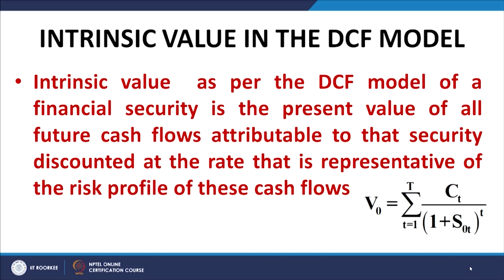So, on the basis of the assessment of the riskiness of the cash flows, you arrive at the intrinsic value of the securities by discounting those cash flows at the risk adjusted discount rate. The formula thereof is given right at the bottom of your slide in the right hand corner.